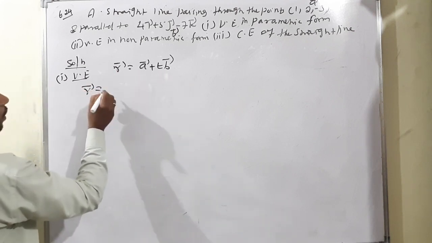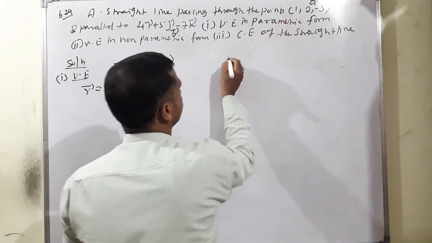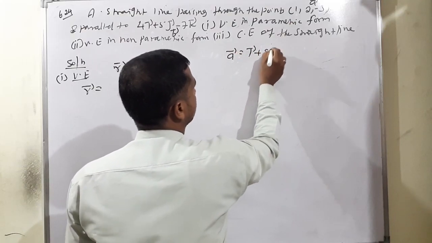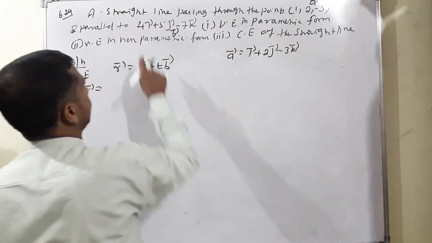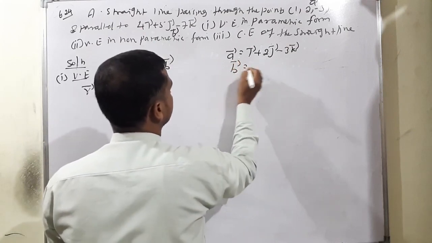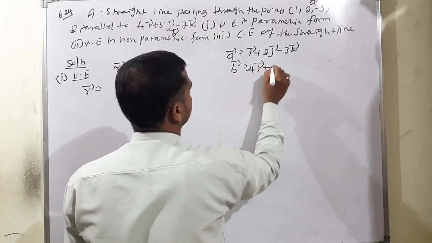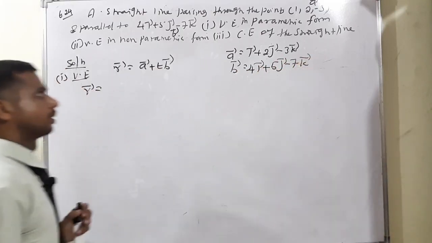So r vector is equal to a vector plus t b vector. First we have to write a vector. A vector is equal to i vector plus 2j vector minus 3k vector. Then b vector is given: b vector is equal to 4i vector plus 5j vector minus 7k vector.